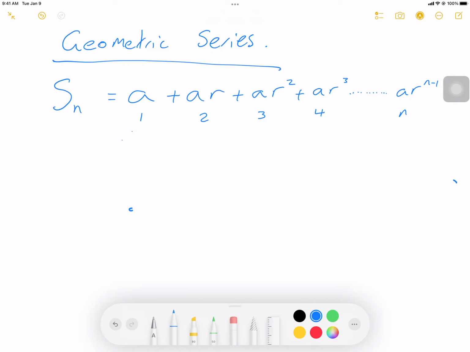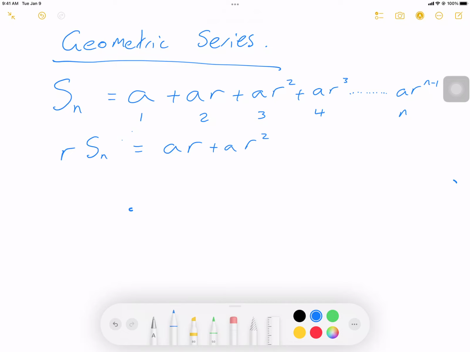So I'm going to multiply r times Sn, which means that the other side is going to turn into ar. I'm just taking the a, multiplying it by r, taking that ar, multiplying that by r.